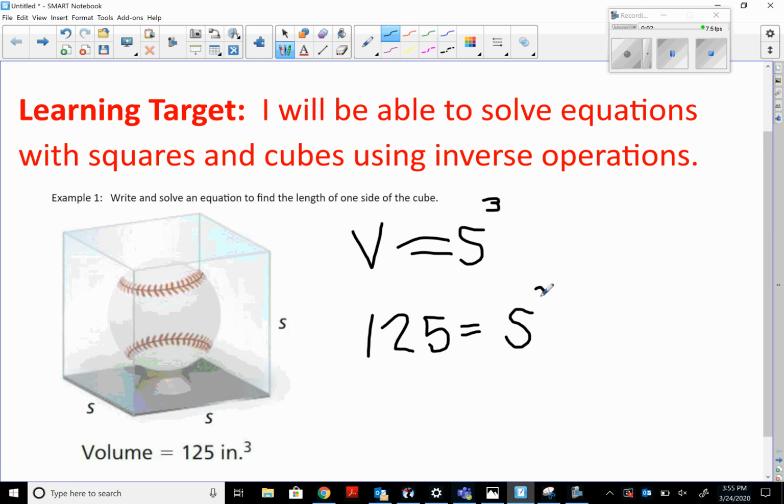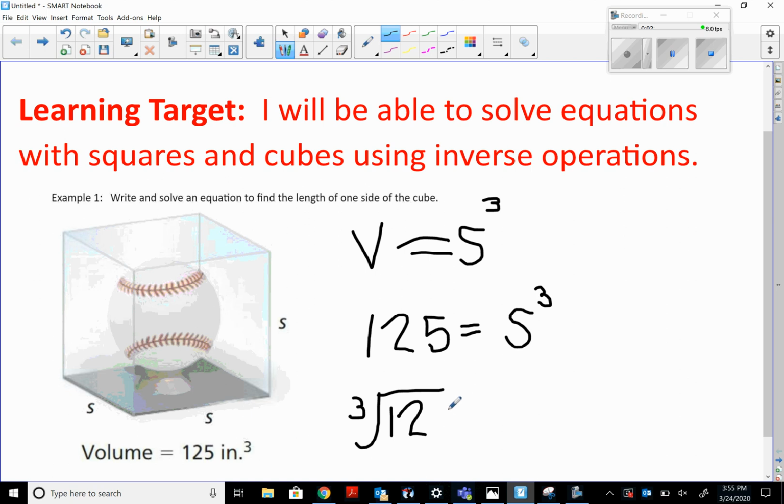So if you remember, before spring break, we talked about how the inverse operation of cubing a number or raising a number to the third power is finding the cube root. In other words, what number times itself and then times itself again will give you 125.